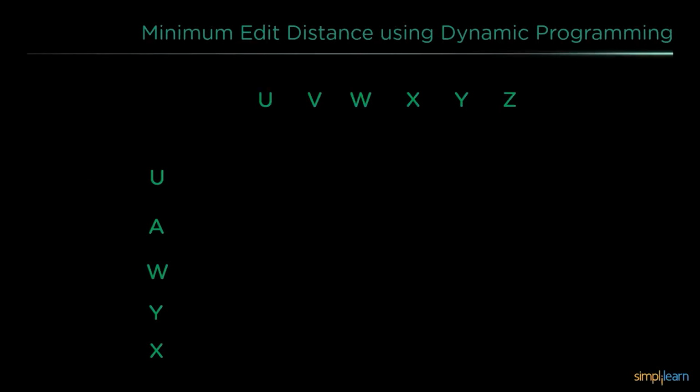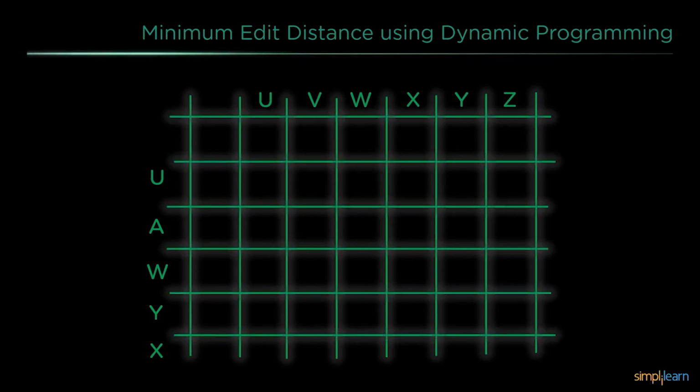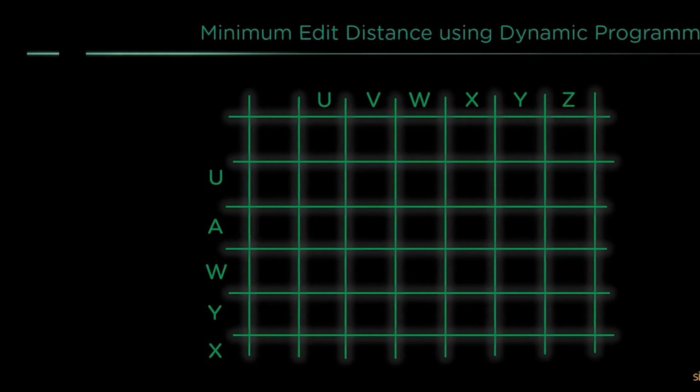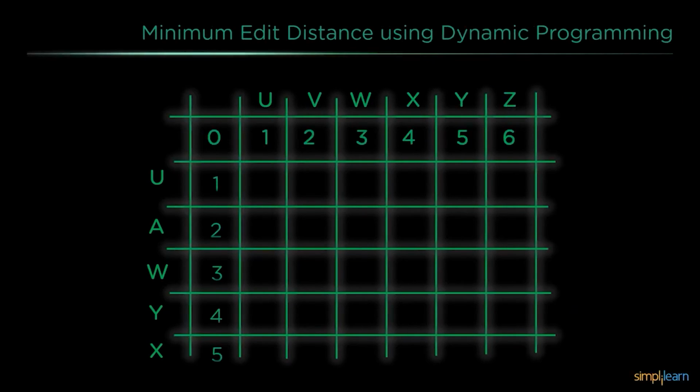Using the same example as before, we will continue with minimum edit distance using dynamic programming. In this example, we have a string UVWXYZ on the row side and another string UAWYX on the column side. We will use dynamic programming to find the minimum number of operations required to convert one string to another.